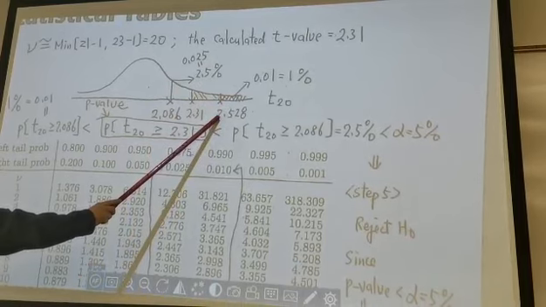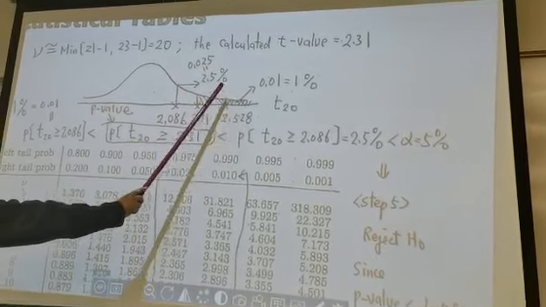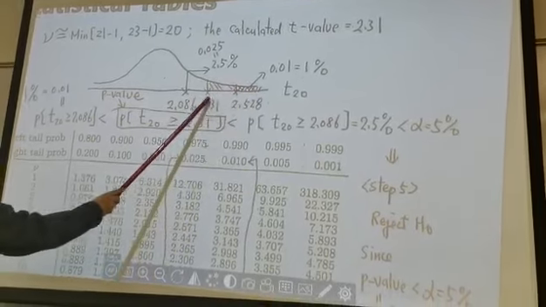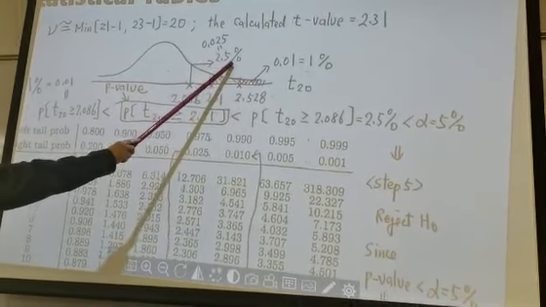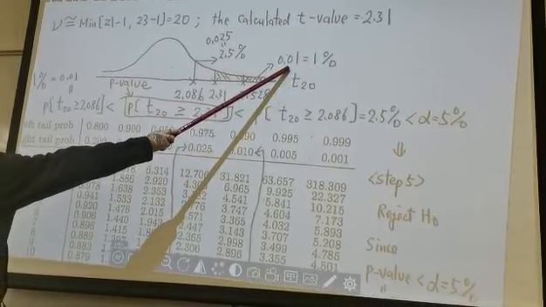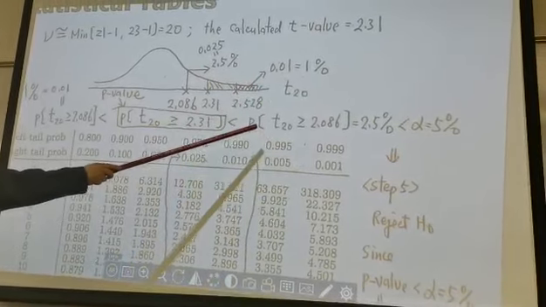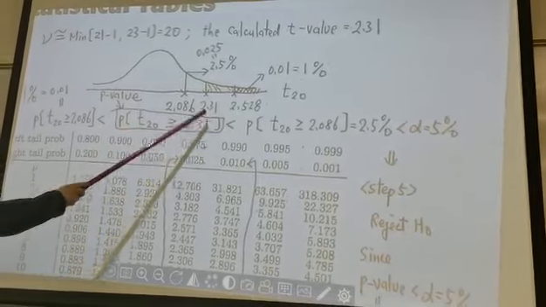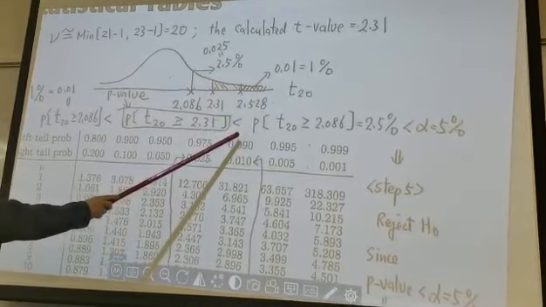And for 2.528, the corresponding upper tail is 1%. And this is the p-value. So we know the p-value is between 2.5% and 1%. So we say probability T20 greater or equal to 2.31, which is the red upper tail, is bounded by this one.